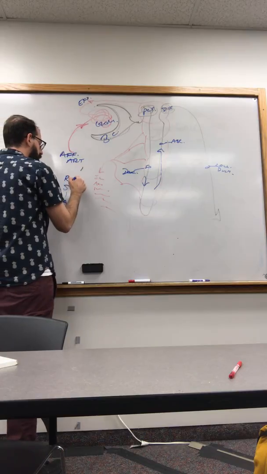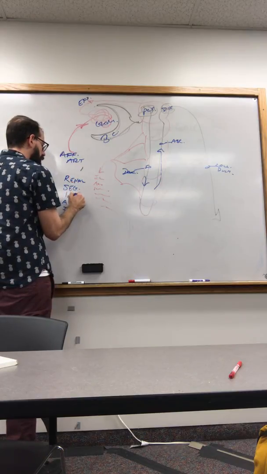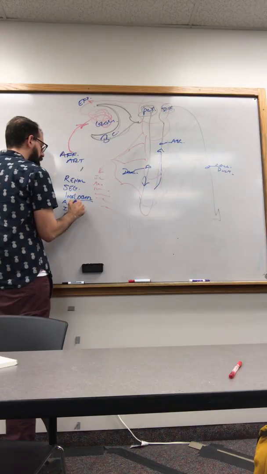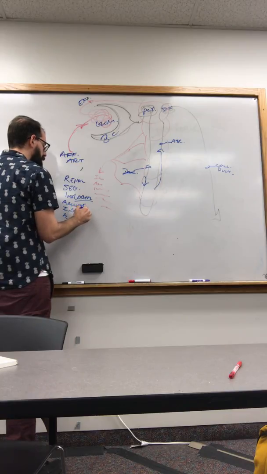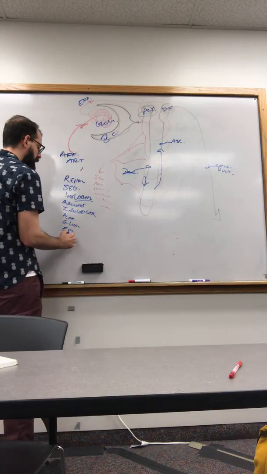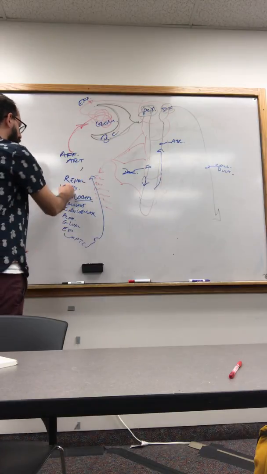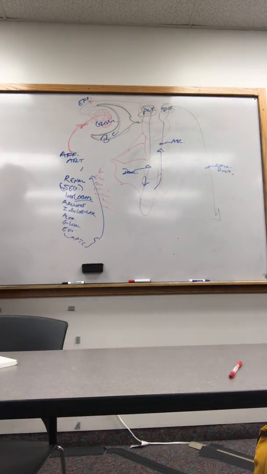Ralph: renal artery, segmental artery, interlobar, arcuate, interlobular, afferent arteriole, glomerulus, efferent arteriole, peritubular capillaries, and then the veins in mirror image. Okay, minus segmental.